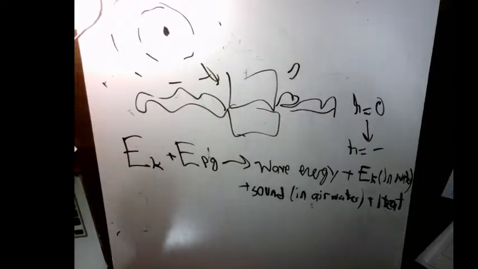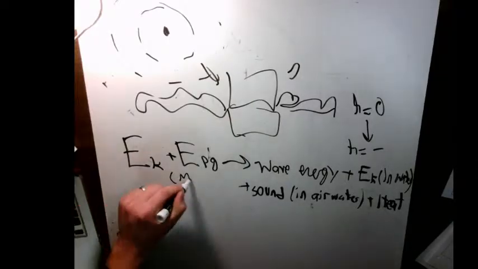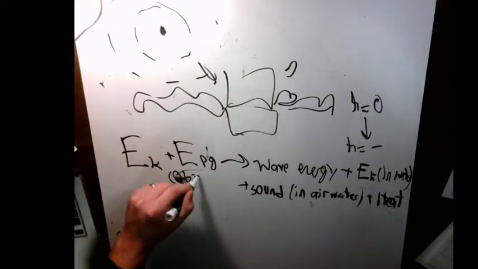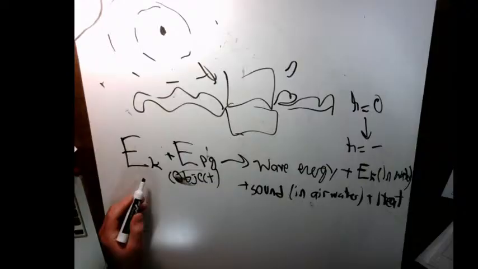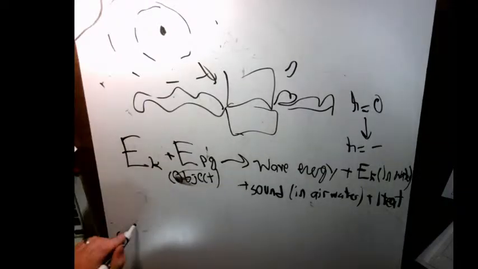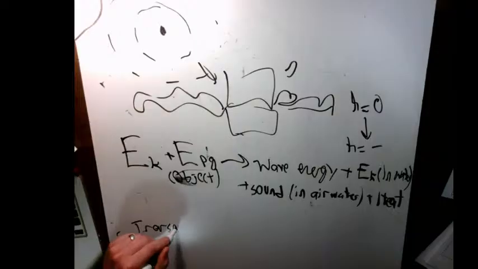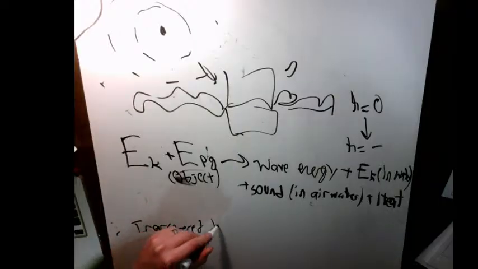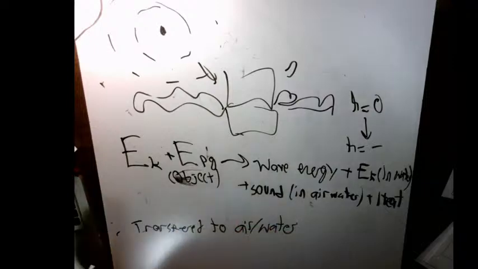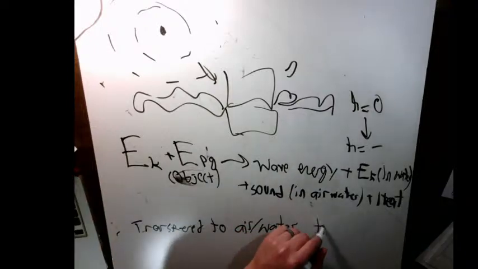So yeah, that's going from the mass, or from the object, sorry. So we got kinetic and gravitational potential in the object, and it's being transferred to the air and water, and it's also being transformed.